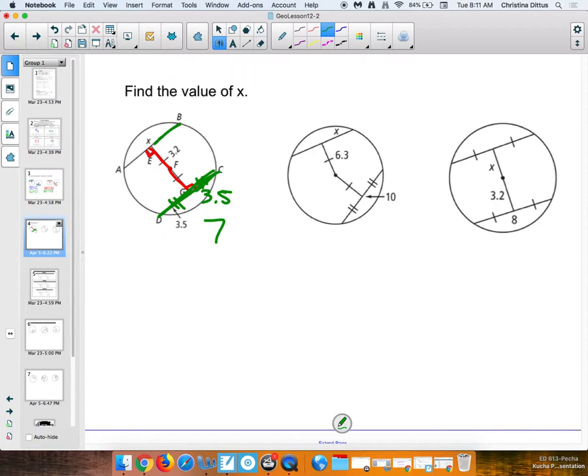So how much is this x entire line? 7. So x is just 7. Because we got this equal stuff here and our right angles, we can do that. Okay. Questions on that one? Where's the x? Right here. Oh, okay.